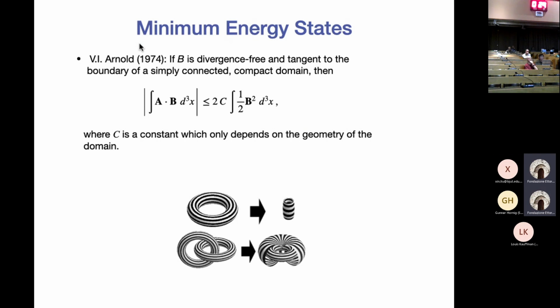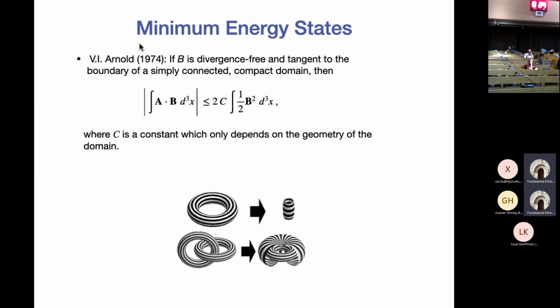Before I come to that, I want to also mention an important inequality, and that is, I think, quite helpful to see given our discussions in the previous week about complexity and topological complexity and energy.